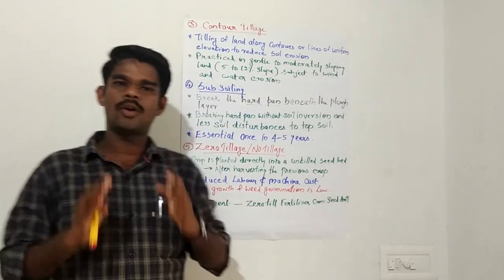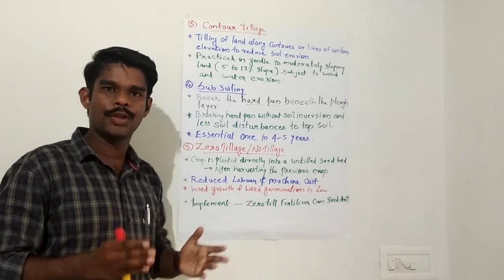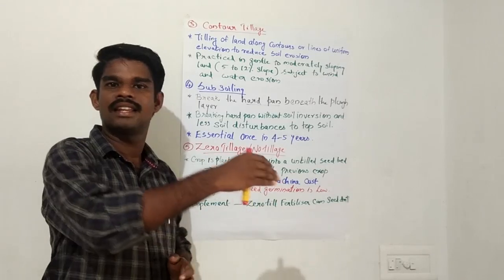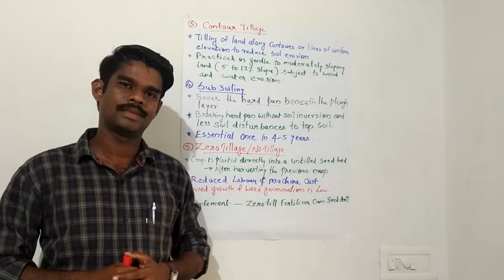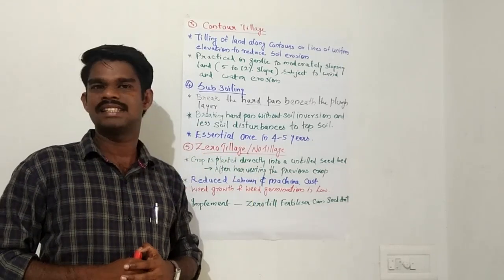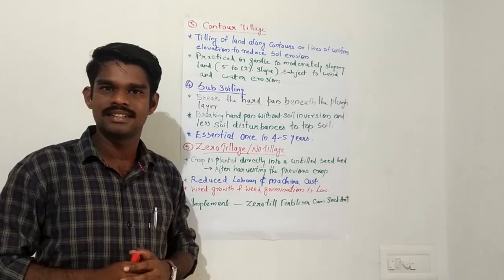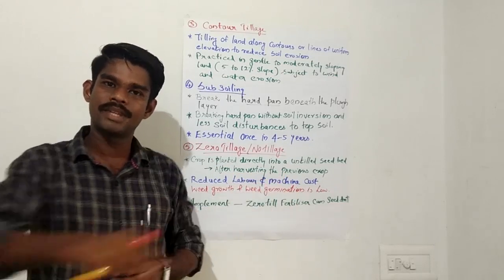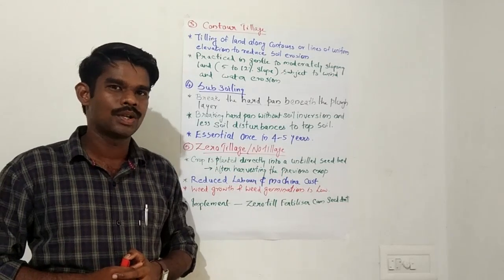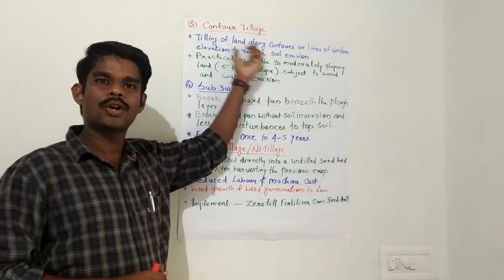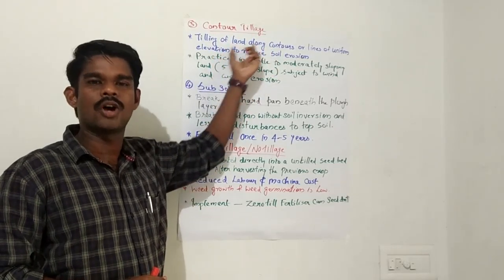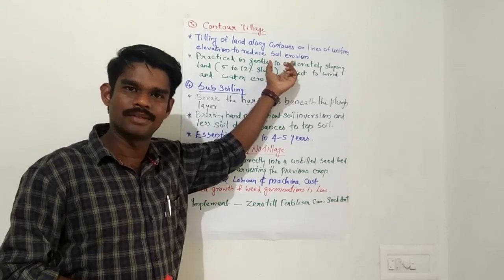In these operations, the harrowing or the tillage operation is done along a contour, but there is a difficulty that the contour is not marked permanently. So to plow along a contour requires well experienced or well skilled labor.